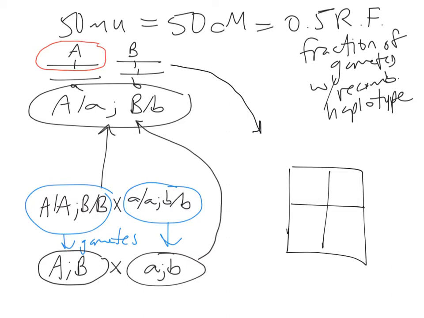There's two choices here. You can either have capital A with capital B, or you can get that chromosome with lowercase b. So what's the ratio? 1 to 1. You have as many capital A, capital B's as you have capital A's with little b's. That's one of Mendel's laws.